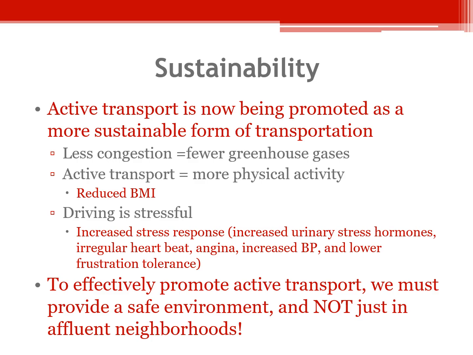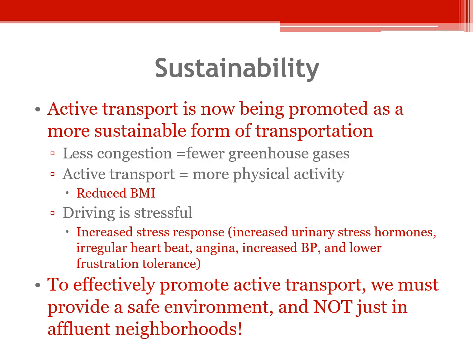While it's been a little slower to take root here in the United States compared to Western Europe and some other places, many municipalities are starting to embrace sustainability, trying to reduce congestion inside their urban cores, reduce their carbon footprint, and make their cities more livable.